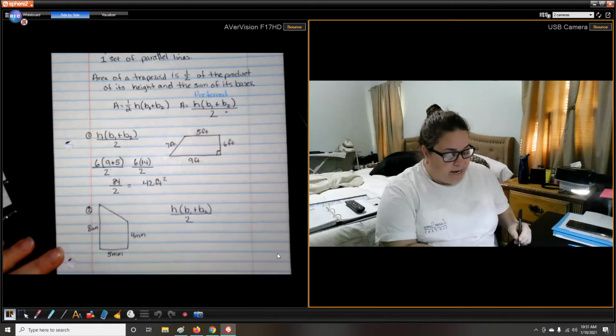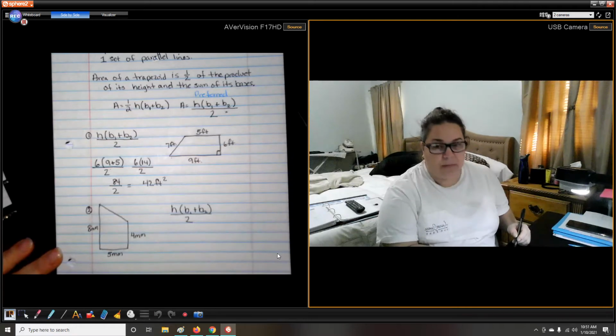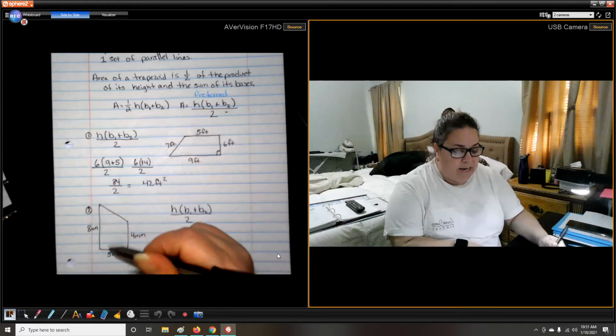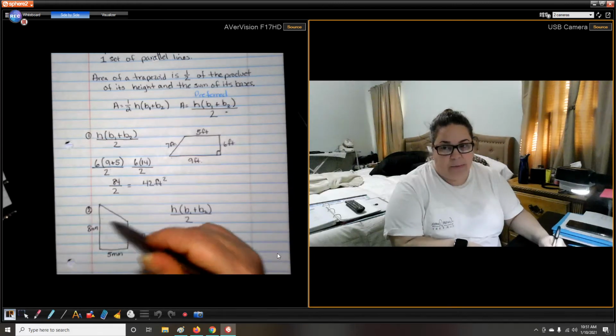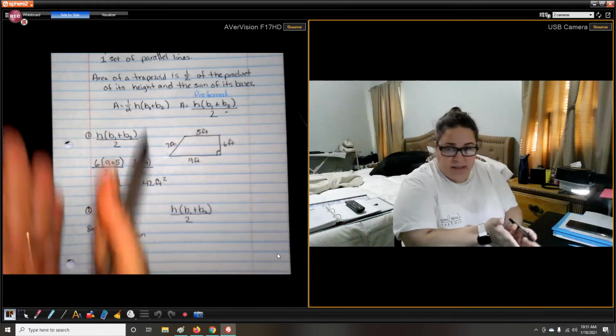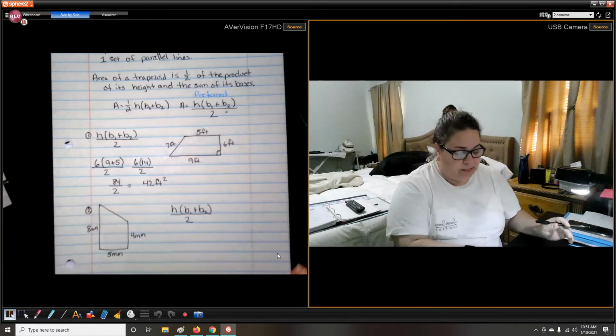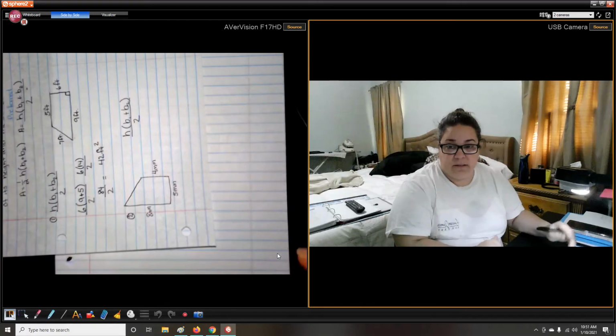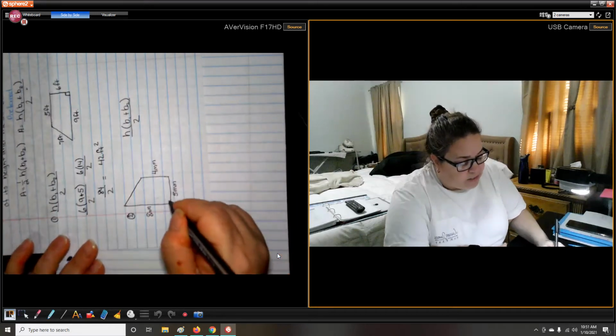So what's my height? Here's the trick, guys. This is sideways. Notice that my 2 parallel lines are going up and down. So it's sideways. So I kind of have to turn it, until your eyes get used to seeing it.